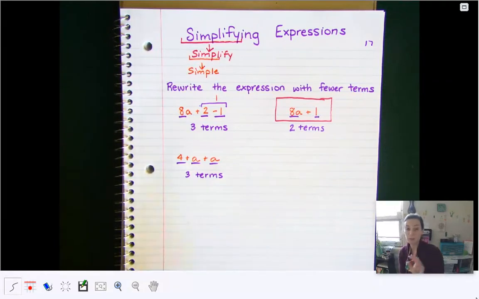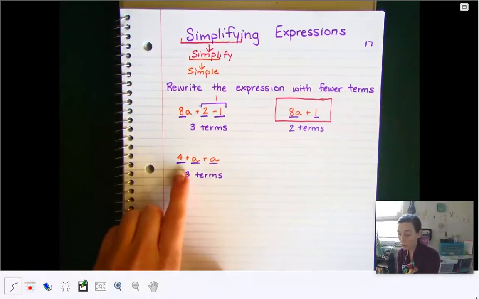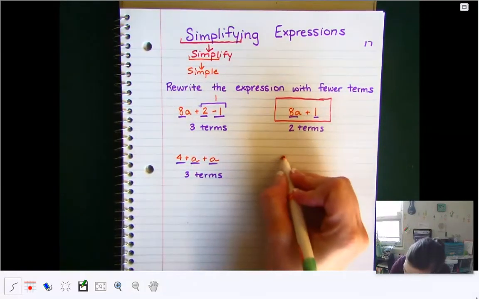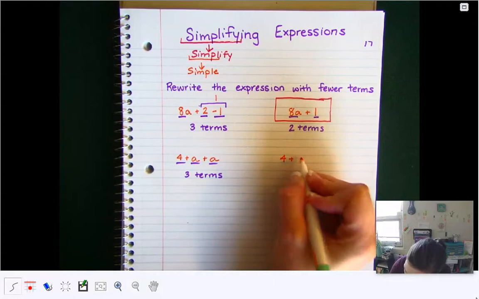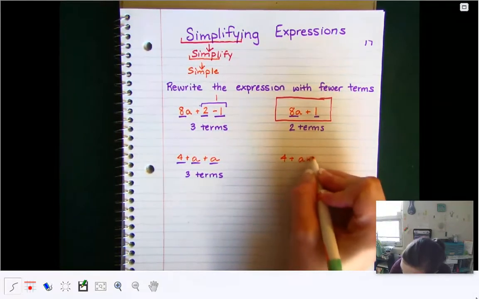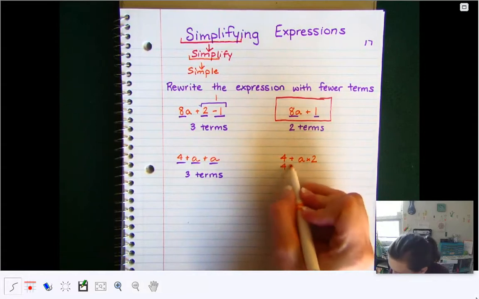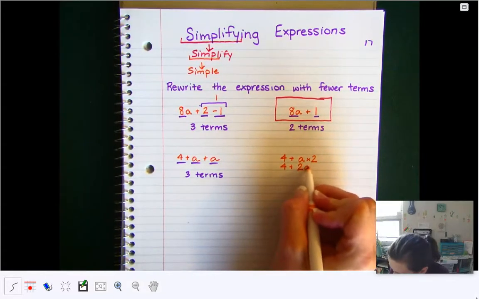Now I know that repeated addition, whenever I add like 2 plus 2 or 3 plus 3 or 6 plus 6, that ends up being that number times 2. So I could rewrite this as 4 plus a times 2. Or we know another way we can write that is 4 plus 2a.